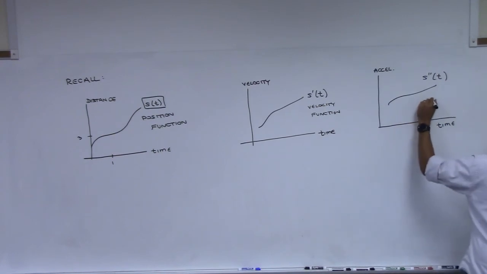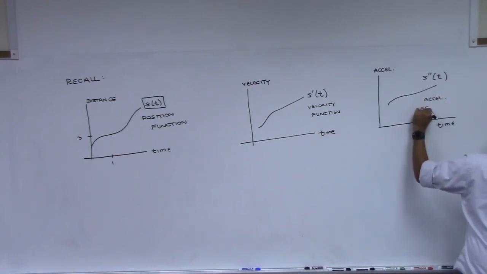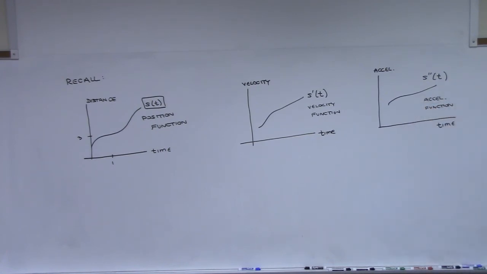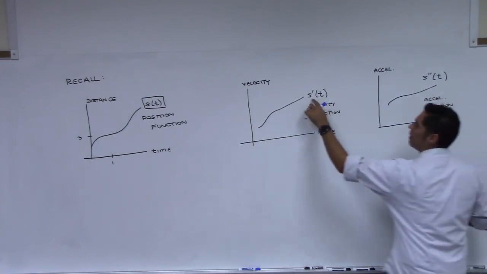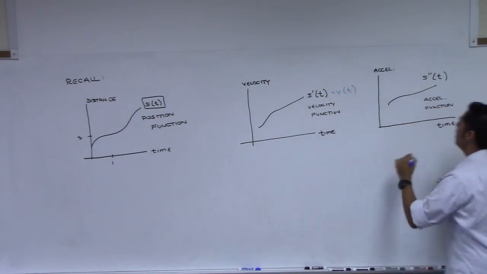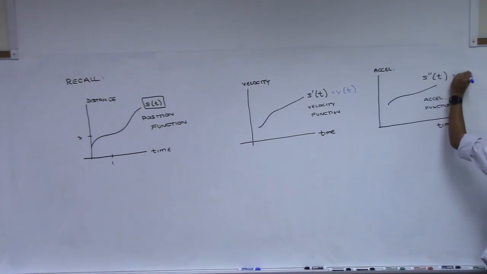And this is called the acceleration function. Okay, y'all good? Now we have special notations for the velocity and acceleration functions. Instead of calling it like s prime of t, we call it v of t for velocity. And this one over here, we call it a of t.